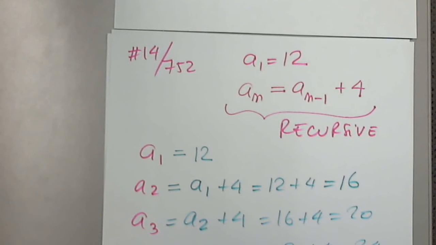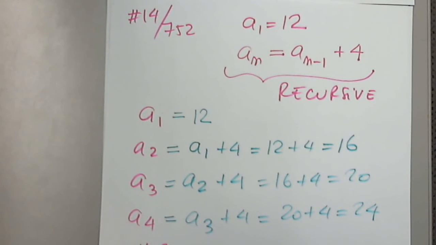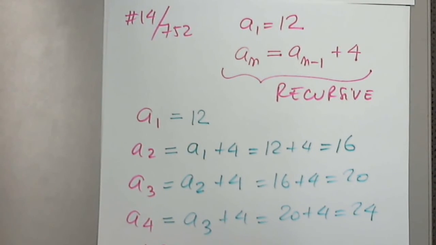We'll stop. Let's do one more, and then we'll stop after that. Let's say 18. We are given A1 equals 5, and we are given a recursive relationship, AN equals 3 times AN minus 1, minus 1.